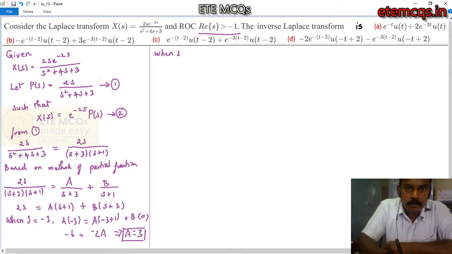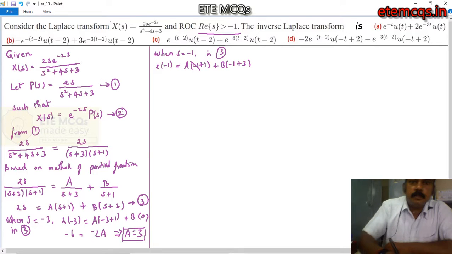Let us take this as equation number 3. When s is equal to minus 1 in equation number 3, let us make a substitution. 2 into minus 1 is equal to A into (minus 1 plus 1) plus B into (minus 1 plus 3).